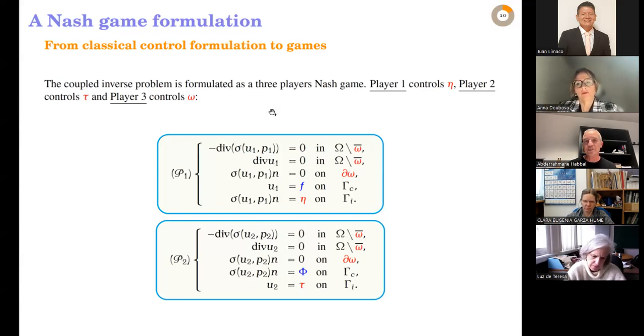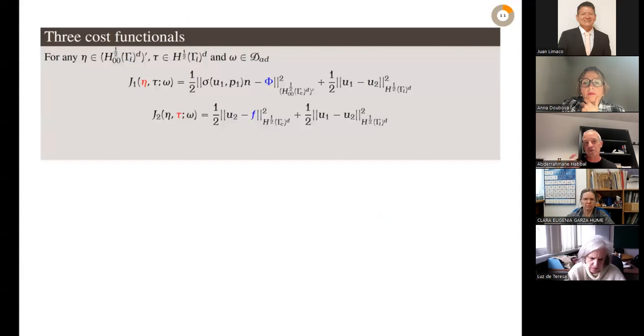And what we did was only to say, okay, starting from the control formulation, now I consider that eta and tau are strategies given to players, and each of these players is aimed at minimizing a cost functional that could be completely different from one to the other. So this led us to the following formulation.